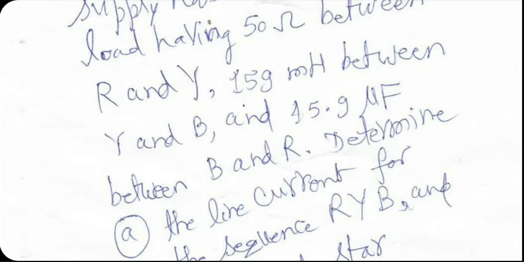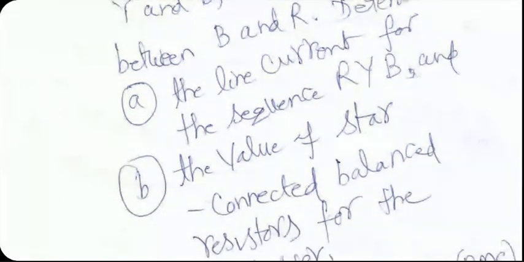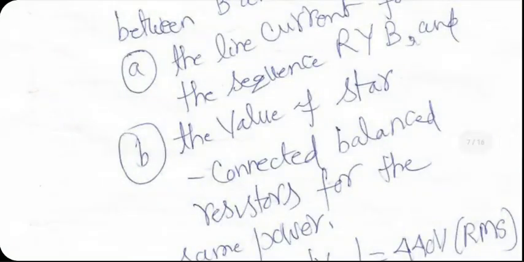Determine the line current for the sequence RYB. Okay, so it's sequence ABC. And the value of star connected balanced resistors for the same power.